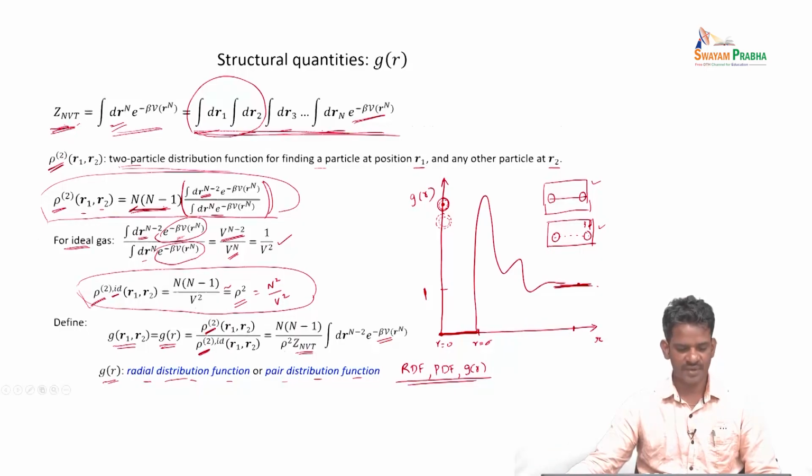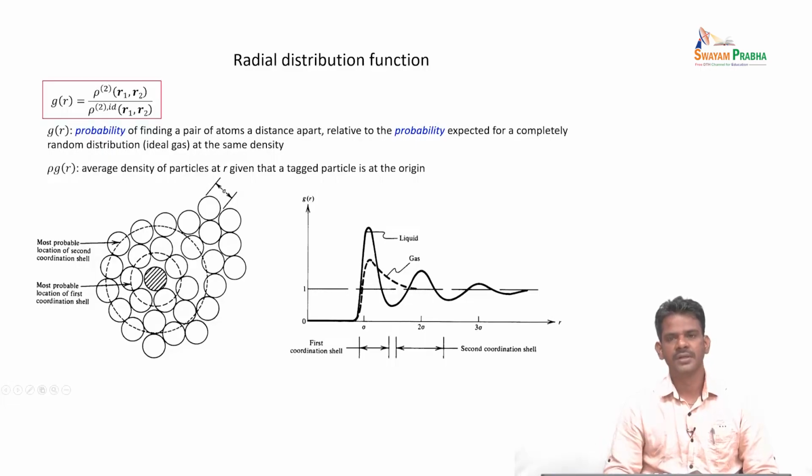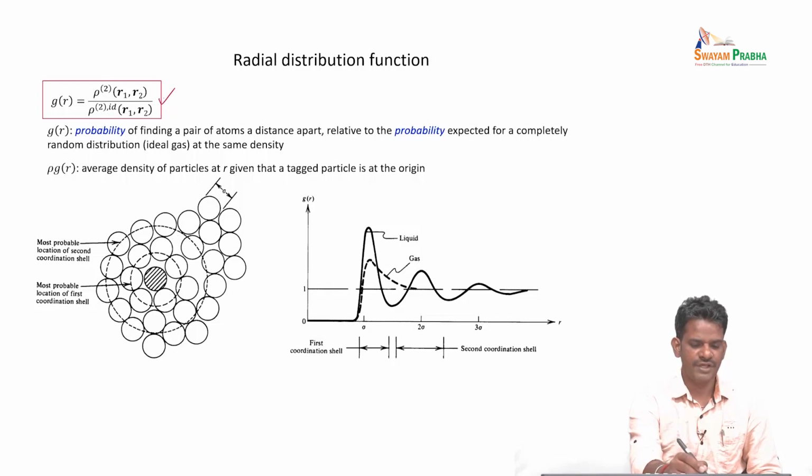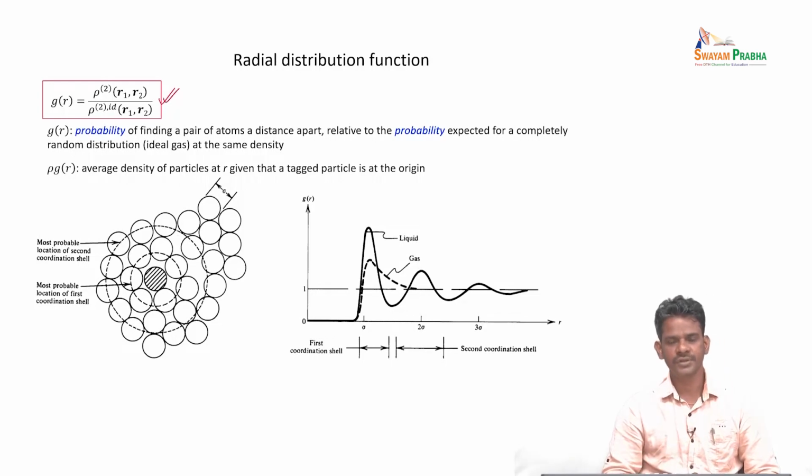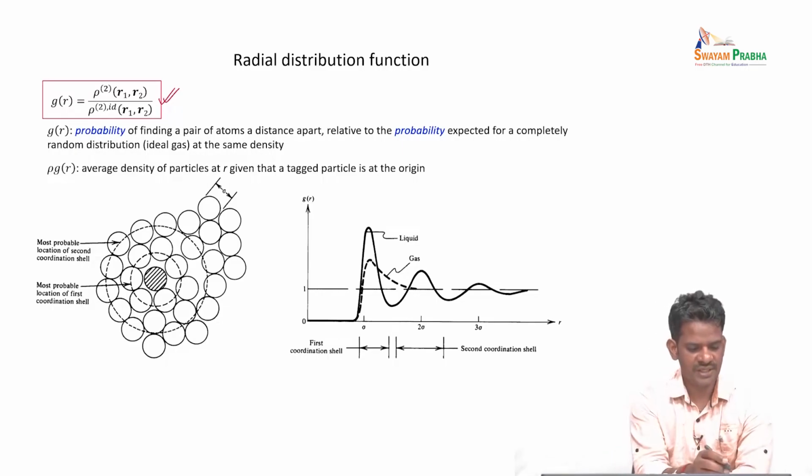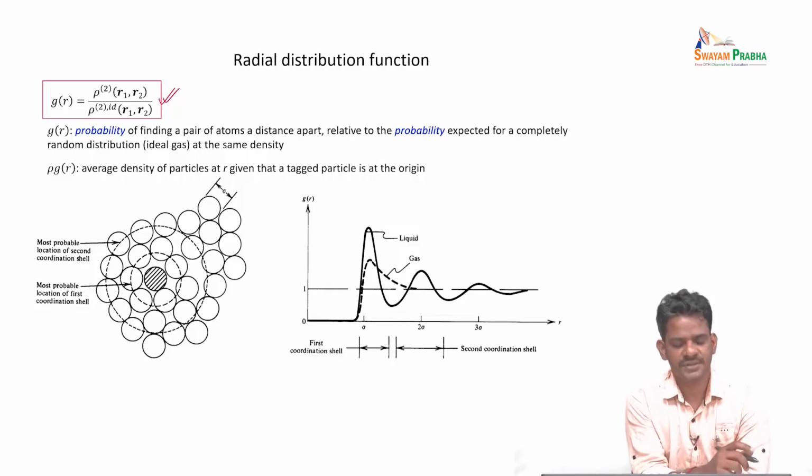So, now let us look at some characteristic of this radial distribution function, or RDF. So, this is our mathematical definition. It is a ratio of a distribution of rho 2 between a real system and ideal system. So, essentially it is a ratio of two probabilities.